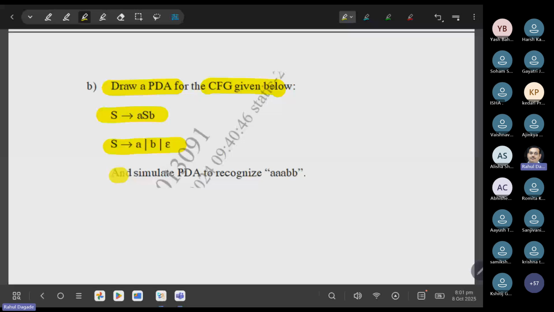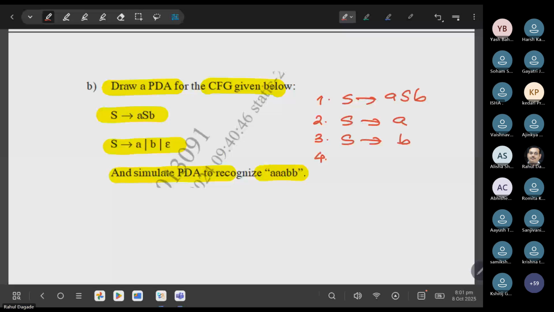First production, S gives AaB. Second production, S gives A. Third production, S gives B. And last fourth production, S gives null. So for all these you have to do it.